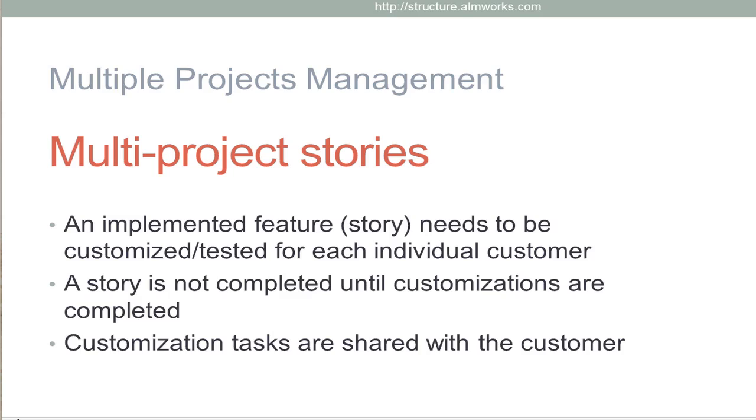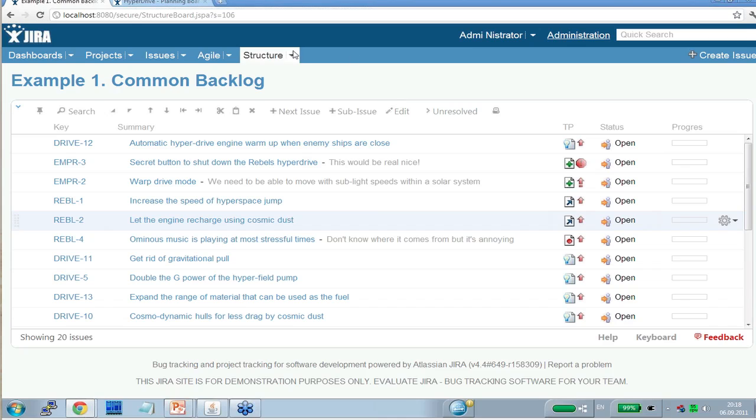So what they do, they create tasks in the customer project and add them to the story for the implemented feature in the structure. So they use the customization tasks to communicate with the customer while maintaining the whole picture in the structure. Let's take a look.